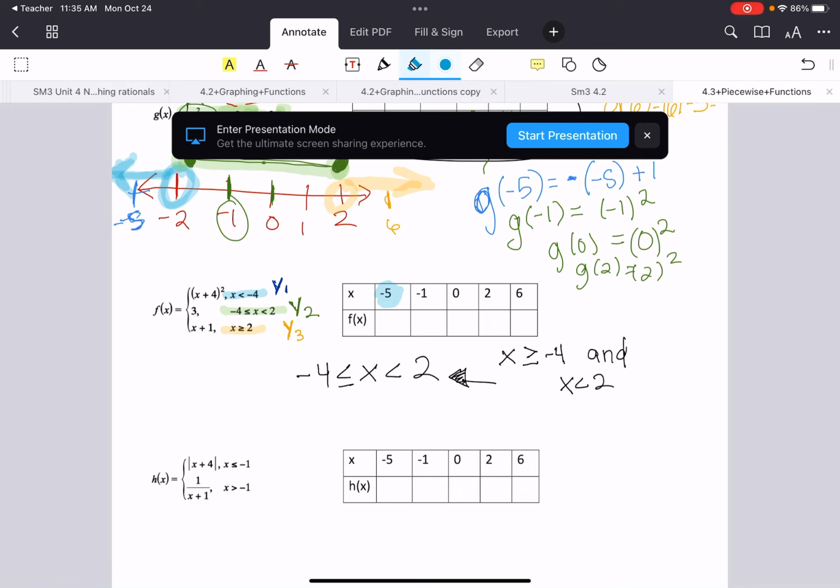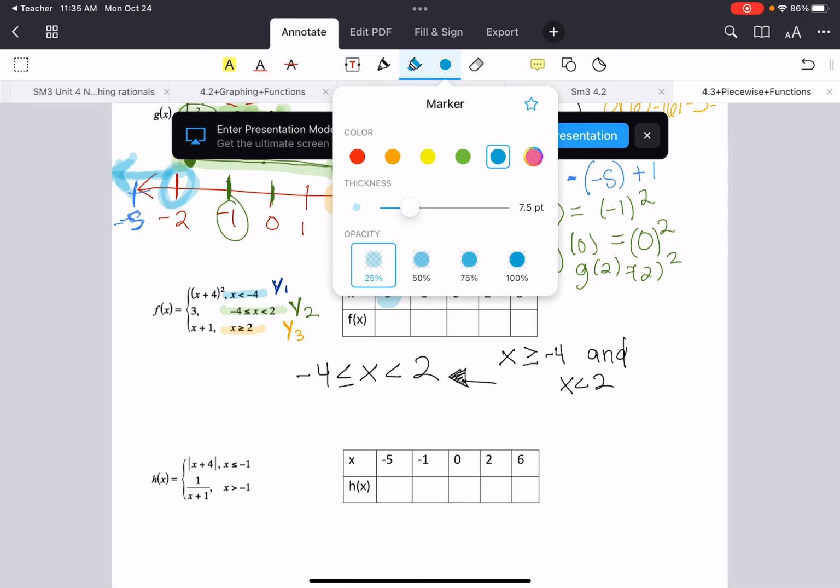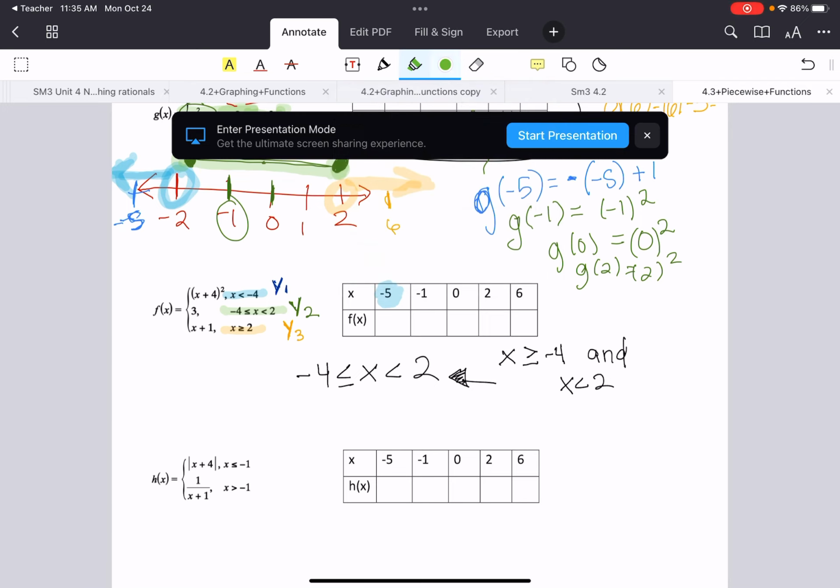We're going to just go ahead and highlight these so that I don't have to go back and forth from the calculator to this. So -5 is the blue. What about -1? Is -1 bigger than -4? It is. So what color is -1 going to go into?